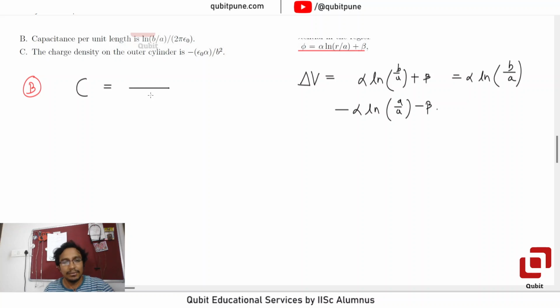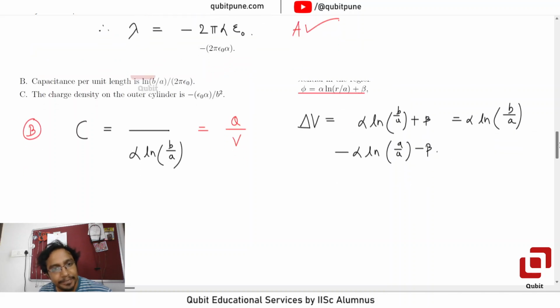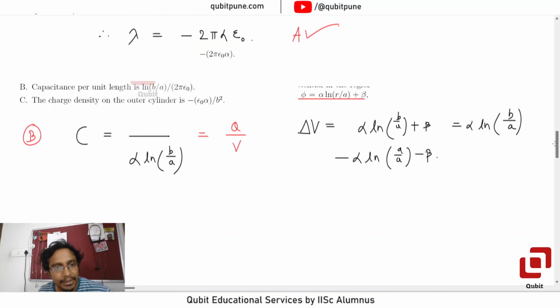How will you find Q now? Yes, tell me, go ahead. Capacitance, sir, we have already found charge per unit length. We'll multiply with the length of the cylinder to find the total charge. Yes.